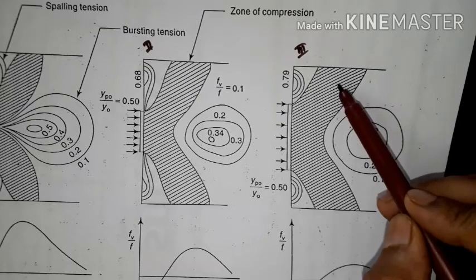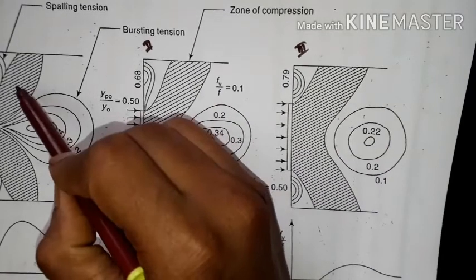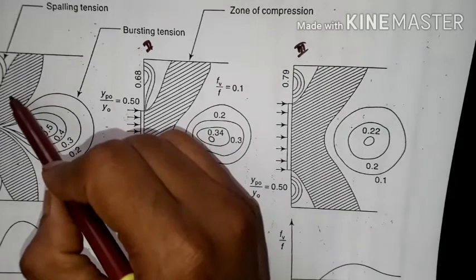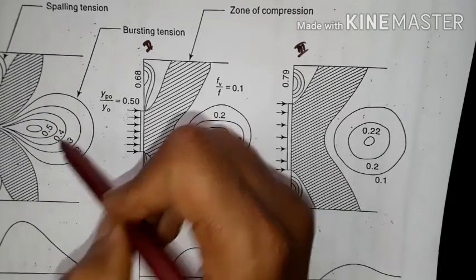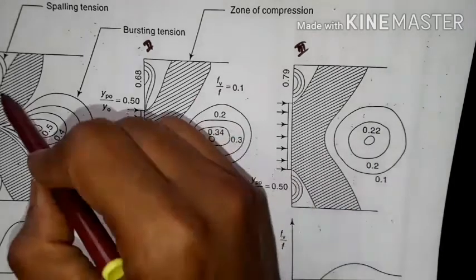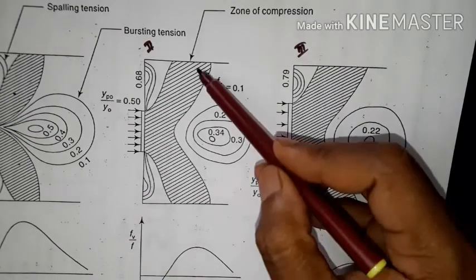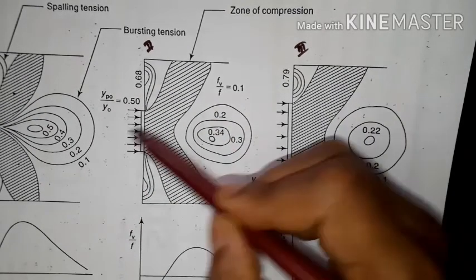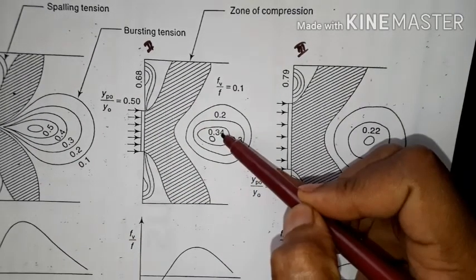only we can have the compressive zone. Here the compression is a little and the tension is more. You can see this shaded part is less than this, but if you come here the compression is a little bit more than this. This shaded part is compression, and the tension is less. Compression is more, tension is less.